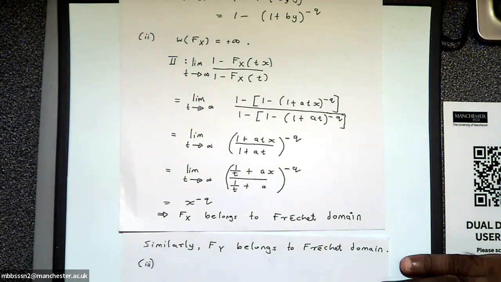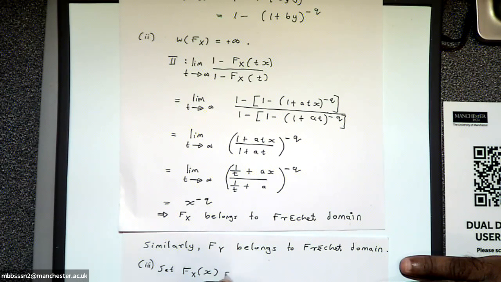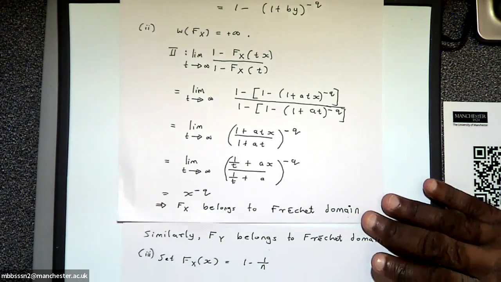All right, so basically you need to set this guy equal to 1 minus 1 over n, and then solve for x, right?